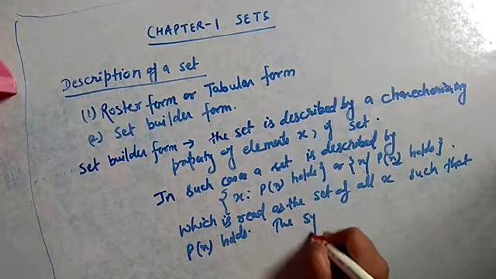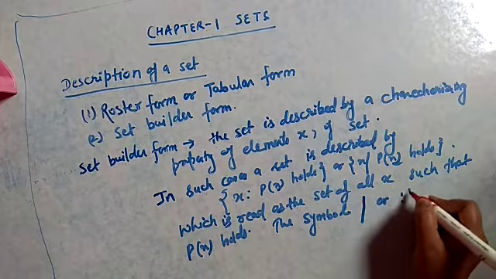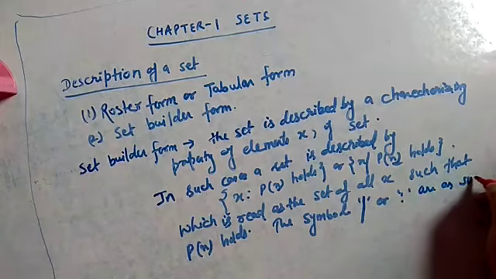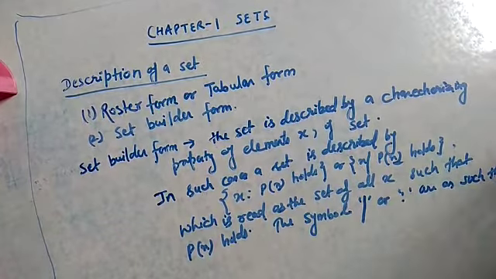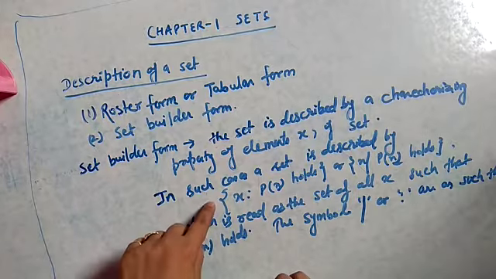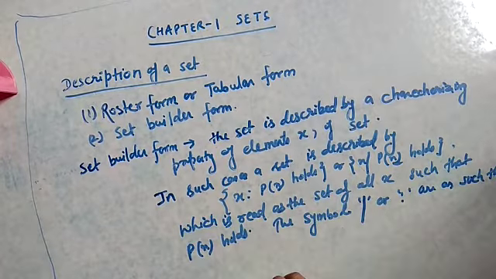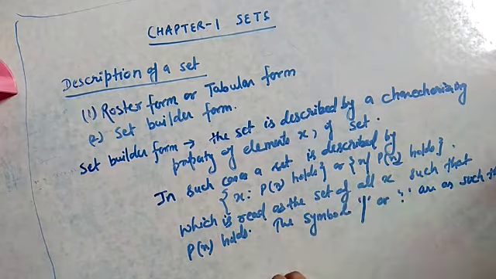The symbol, this line or this colon, means such that. Okay, see, I'm explaining to you. In set builder form, we are not writing all the elements of the set, but we are writing only the properties inside the curly brackets in this form: x such that P(x) holds, or this line also means such that P(x) holds.